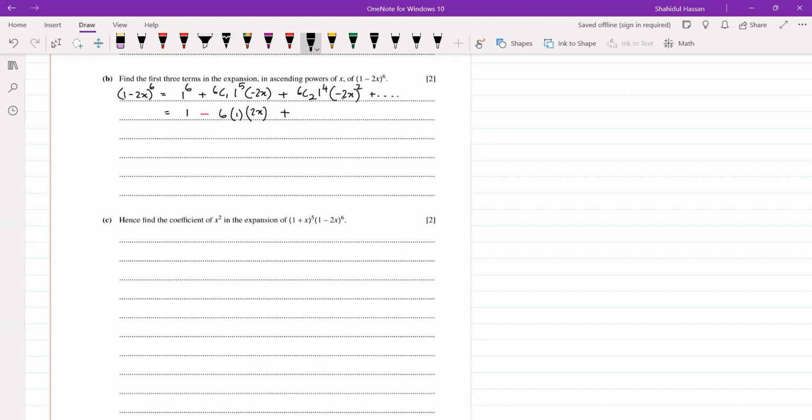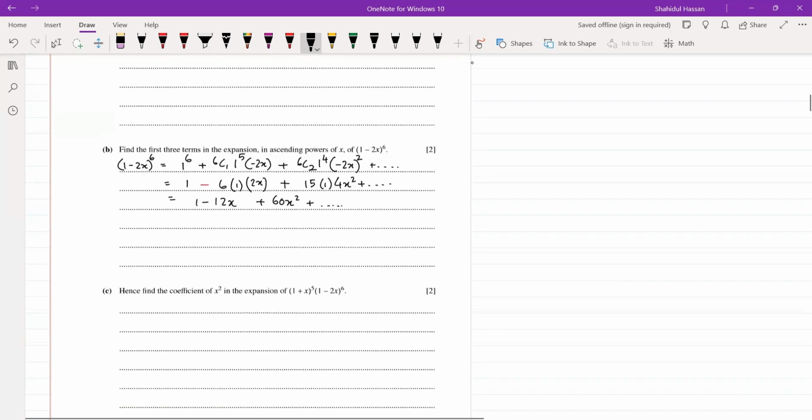Then we have 6c2, my calculator says that's equal to 15, 1 to the power anything is 1, minus 2 squared is plus 4, x squared is x squared. So this can be written as 1 minus 6 into 2, 12x, plus 15 into 4, 60x squared. That's how you do this question.